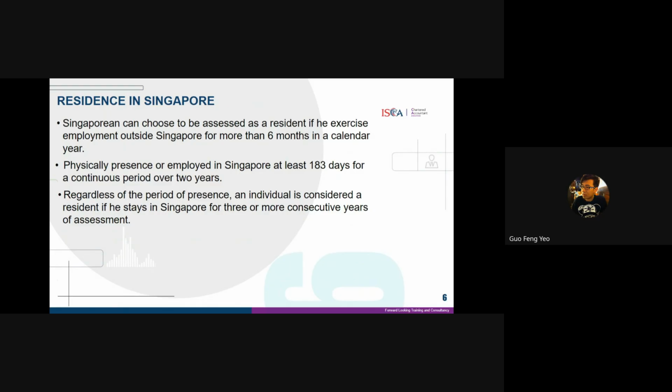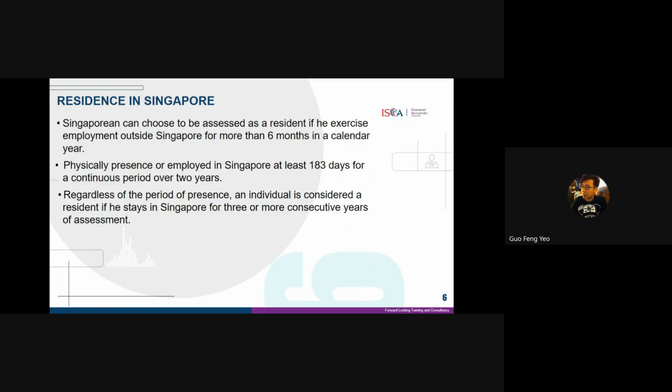Similarly, if an individual is physically present or employed in Singapore for at least 183 days for a continuous period over 2 years, he or she will also be regarded as a Singapore tax resident. Regardless of the period of presence, an individual can also be considered a tax resident if he stays in Singapore for 3 or more consecutive years of assessment.